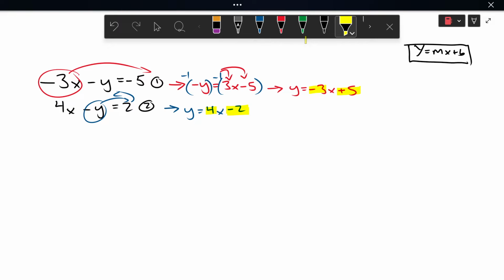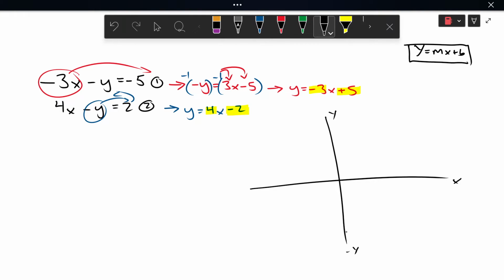So again, remember that we have a slope of negative 3 and a positive 5 is the y-intercept, and a slope of positive 4 and negative 2 is the intercept. So again, if we had a graph, it'd be something like this. Negative y, negative x. We'd have 1, 2, 3, 4, 5.